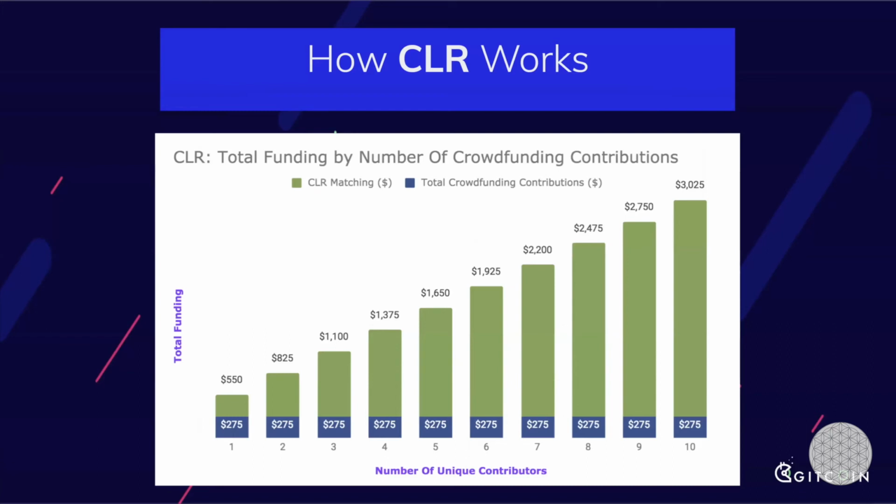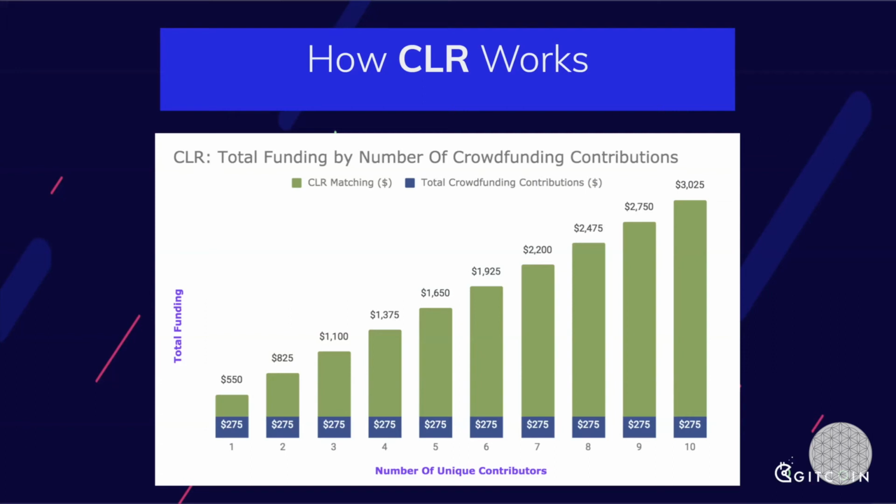In short, what we're doing, as implied by the quadratic voting, quadratic funding idea, is matching the square of the sum of the square roots of contributions to give to individual projects. The way this looks in practice is that multiple individuals will give. Say one person gives $275.